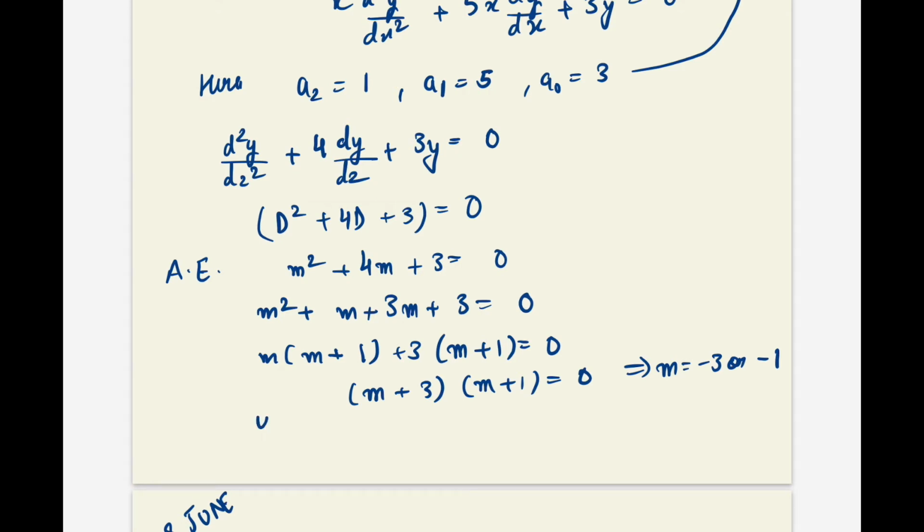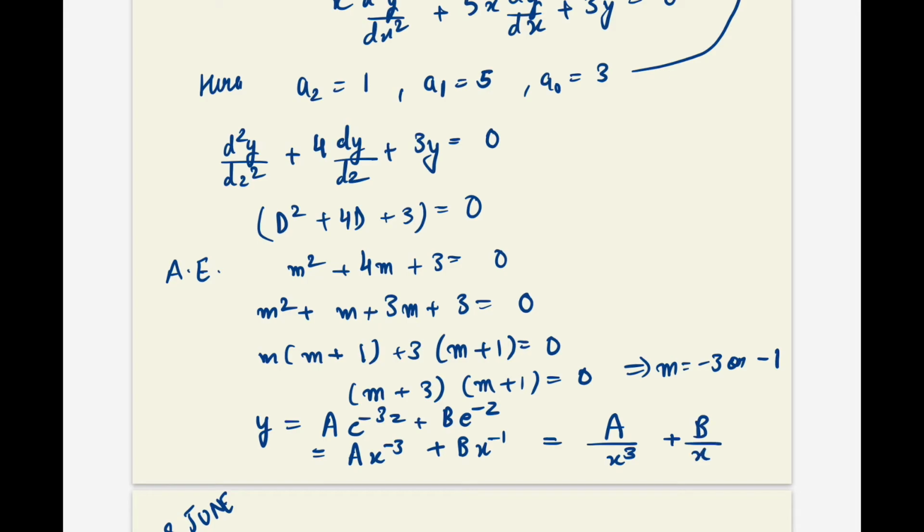Okay, now the solution will be a e to the power minus 3z plus b e to the power minus z, a x to the power minus 3 plus b x to the power minus 1. This becomes a by x cube plus b by x.